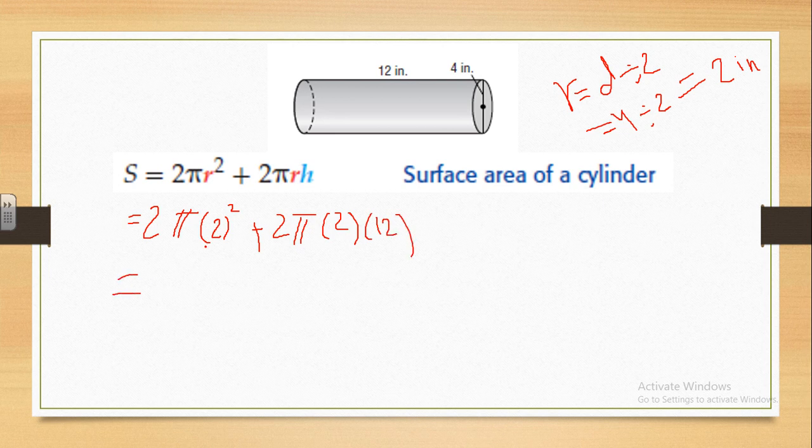Okay, so here we have 2 power 2, 4. 4 times 2 equals 8. 8 times the pi here, 3.14, plus. Now we have 2 times 2, 4. 4 times 12. Who can tell me? That's 48 times 3.14.